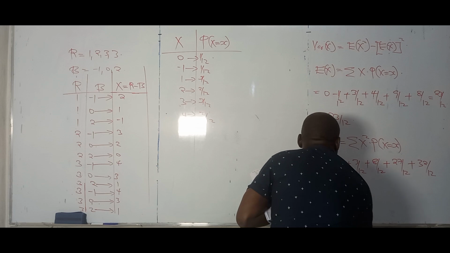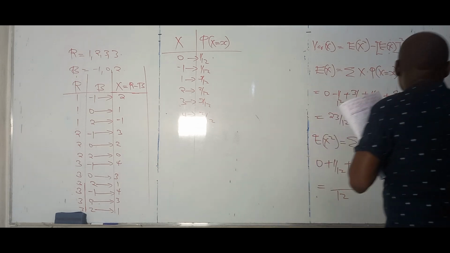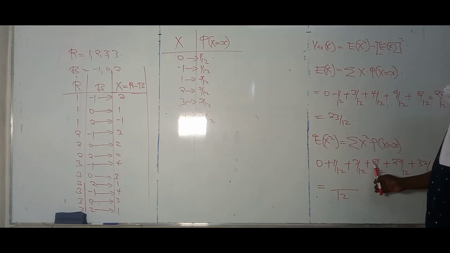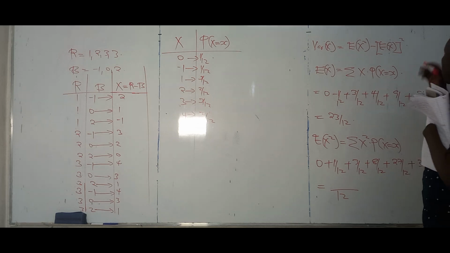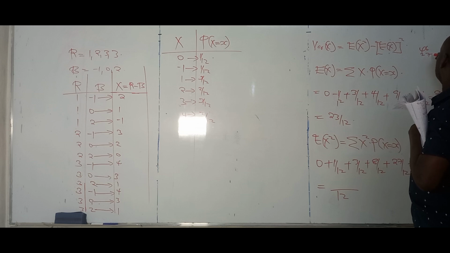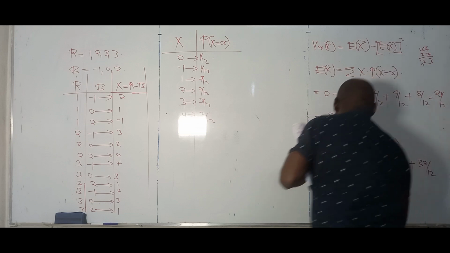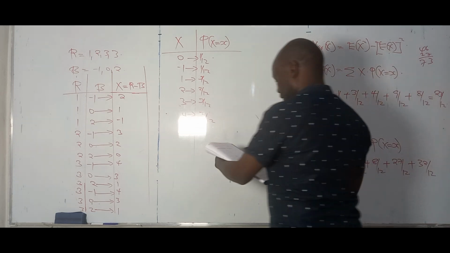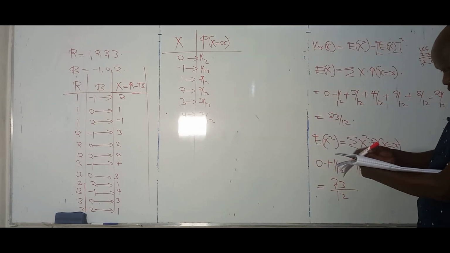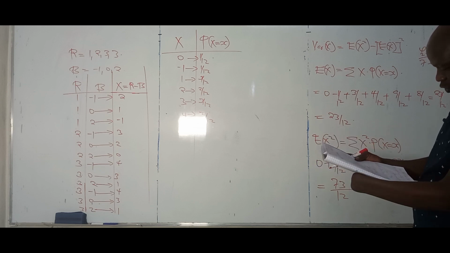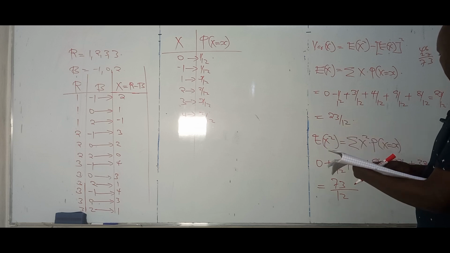And this gives me 1 plus 3 is 4, 12, 12 plus 32, that's 46. 46 plus 27, this is 73. So I have 73 over 12 as the expected value of x squared.